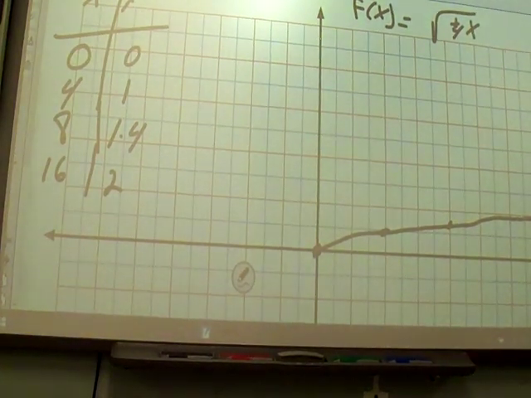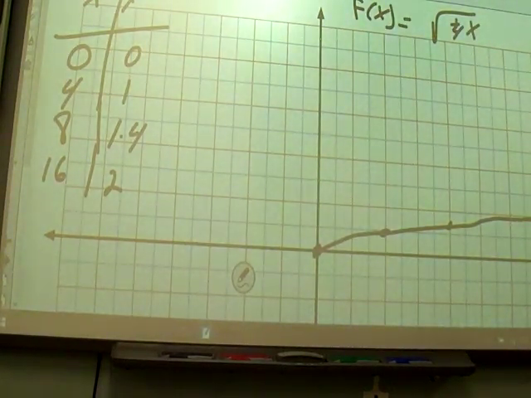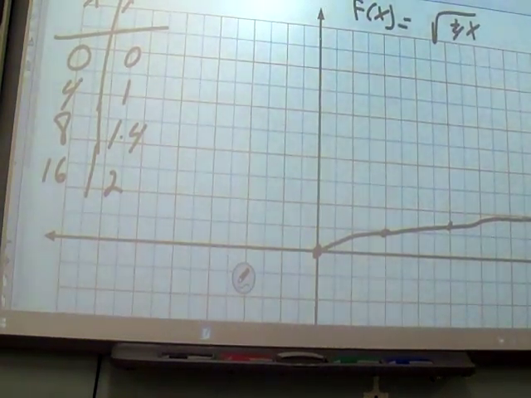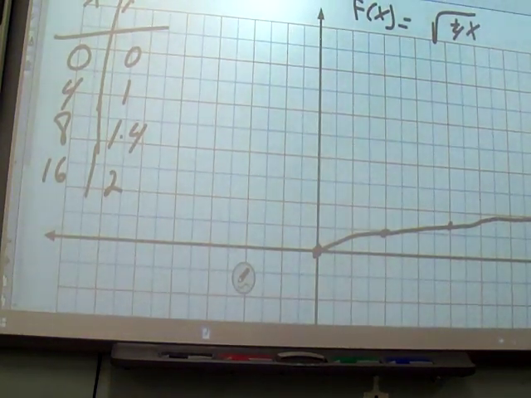We were just learning to use our calculator. Anybody else need calculator help? Yeah, right now. Okay, I'm on my way. Nope, I got it. If you don't put the x, that would just be a straight line, because that would mean it's y equals the square root of 1/4 all the way across.